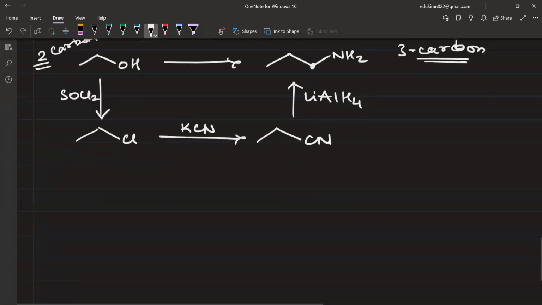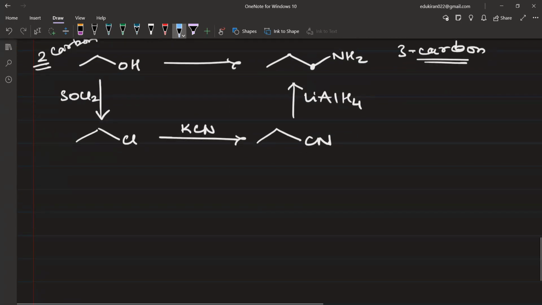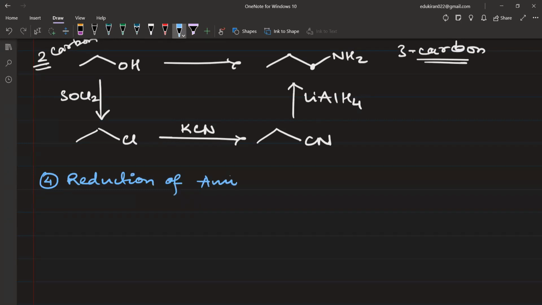Right, next. The fourth method of preparation: reduction of amides. General formula of amide is RCONH2. This can be reduced by lithium aluminium hydride.